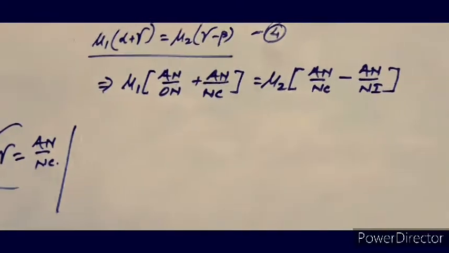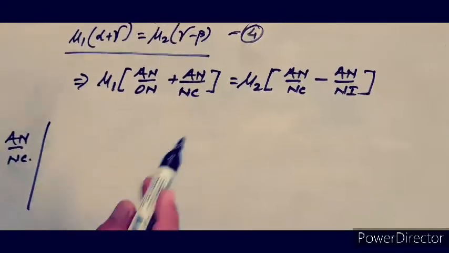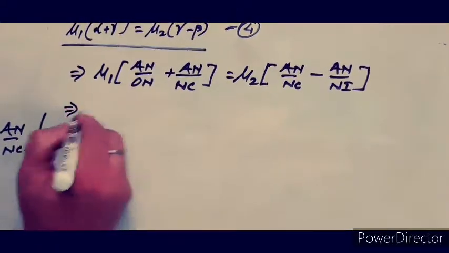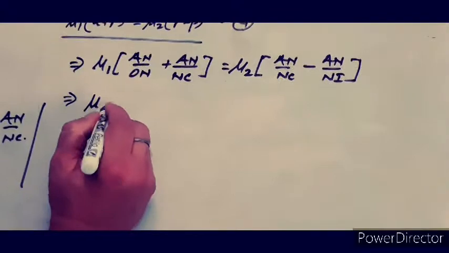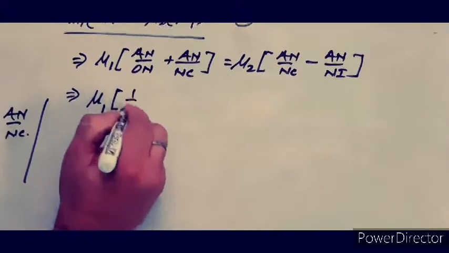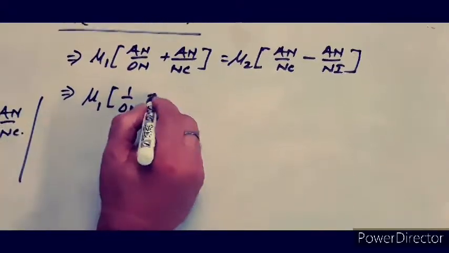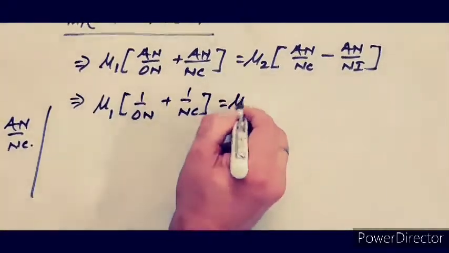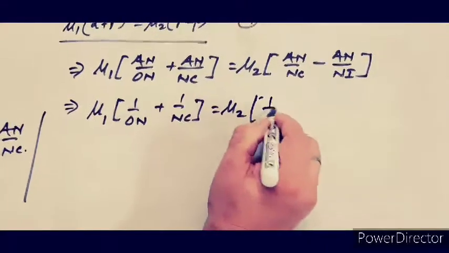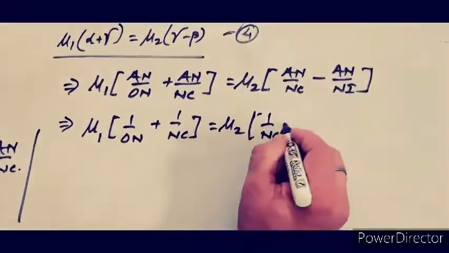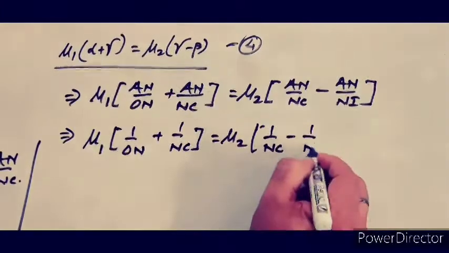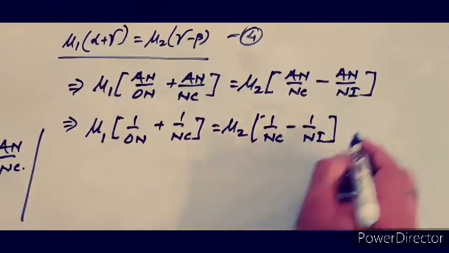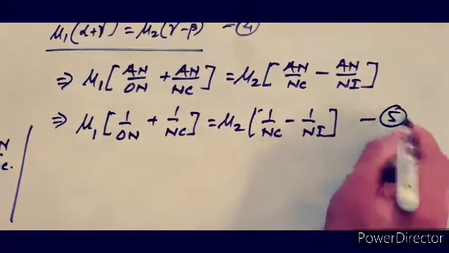So what we are seeing here, AN in the numerator is common on both sides, so we can remove it. So ultimately mu1 times 1 by ON plus 1 by NC is equal to mu2 times 1 by NC minus 1 by NI. That is equation number 5.